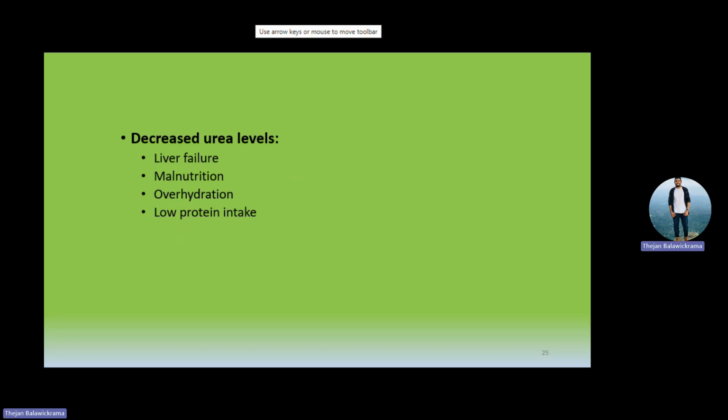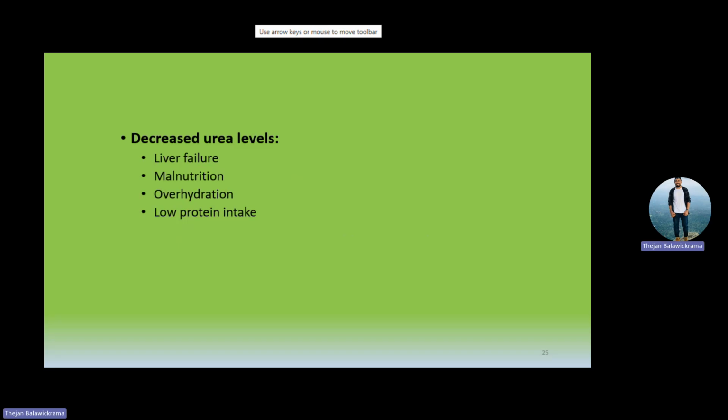Right. Decreased urea level: liver failure, malnutrition, overhydration, low protein intake, right? Okay, so there's an expected urea level, and that can be low also, right?